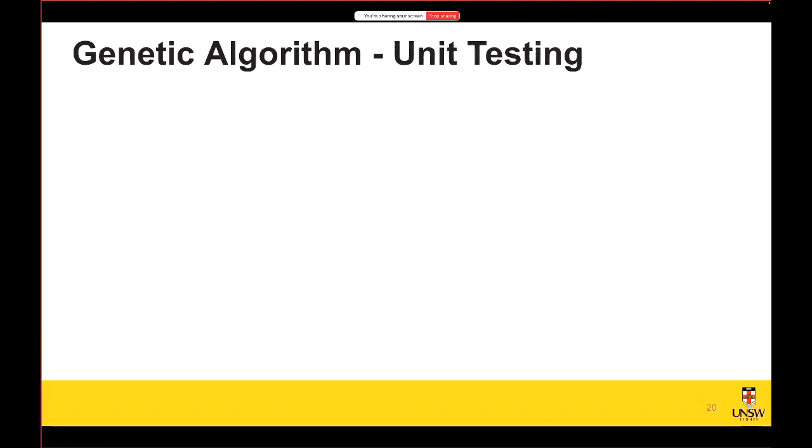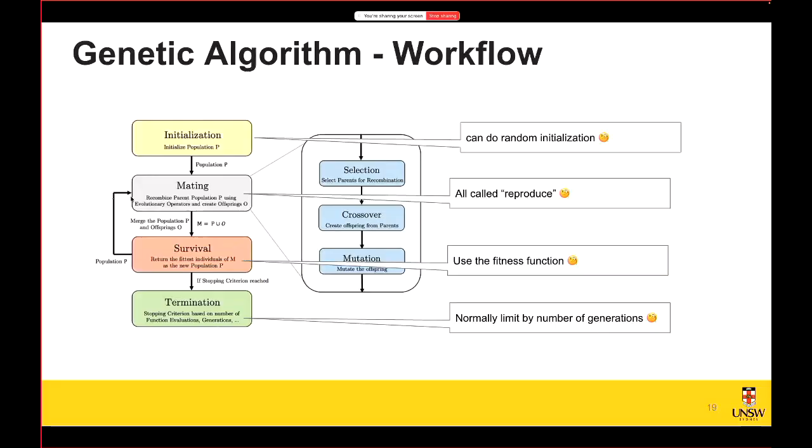So this is the genetic algorithm. We do this loop: once we have the initial population, we reproduce to generate new individuals and put them into the population, then eliminate the worst ones, and then generate again and again until we run out of the budget. So this is how it works.